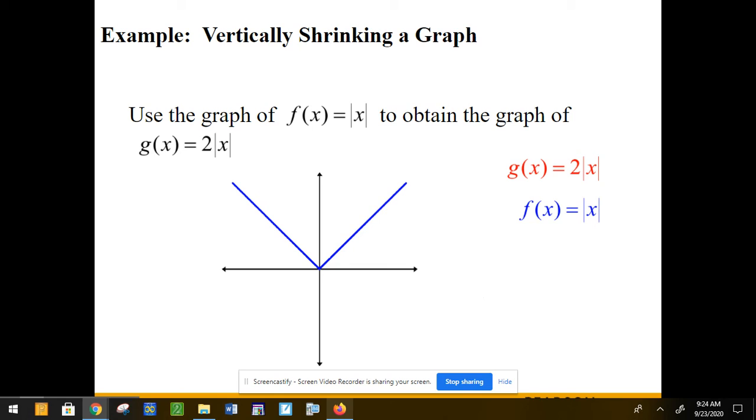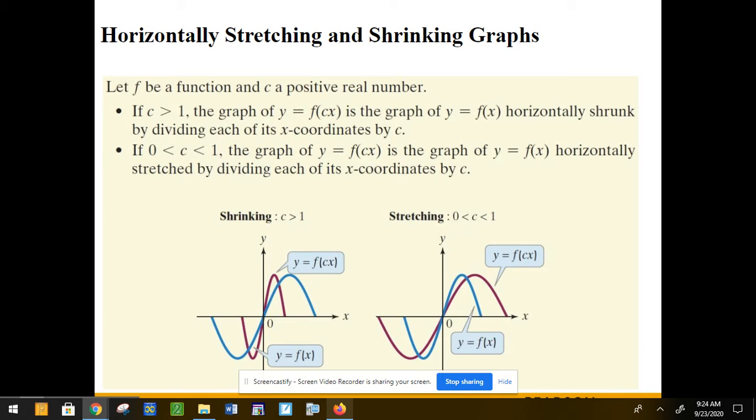But again, that would be your absolute value function. And then g of x equals 2 absolute value of x. Again, it looks skinnier because it's getting taller faster. Horizontally stretching or shrinking is when the multiplier is on the inside. It almost has the opposite effect.